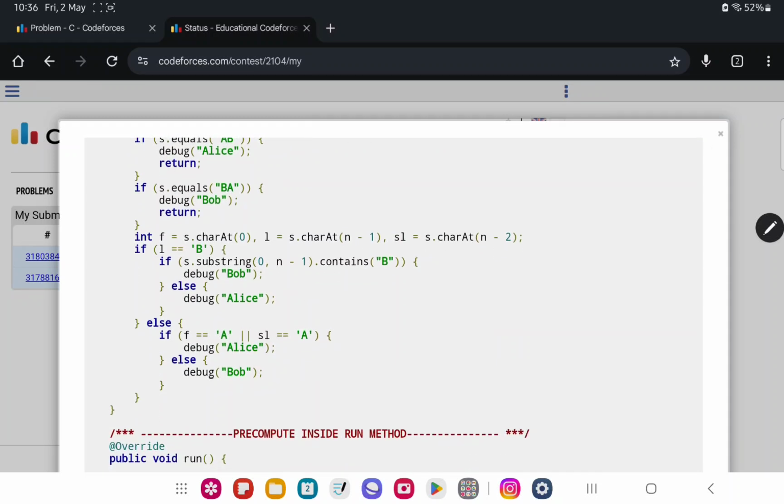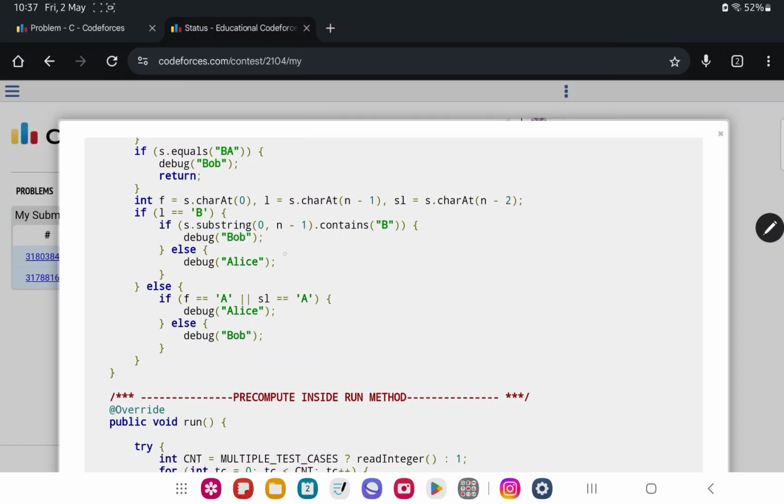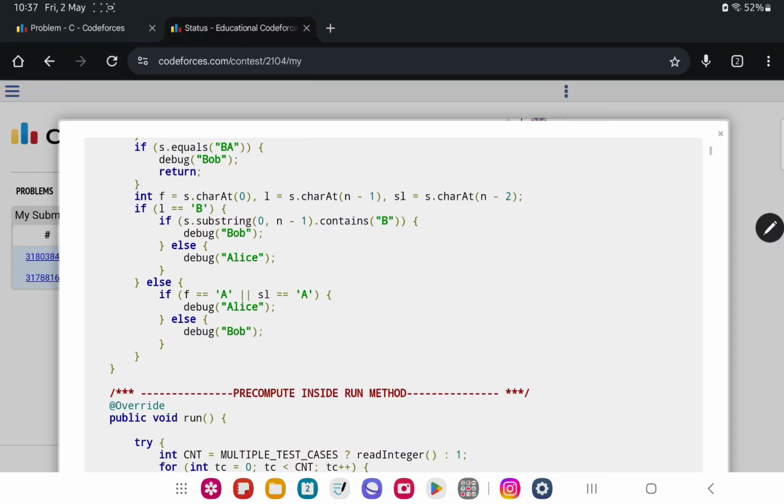Simple enough. We are taking the first card value, the last card, and the second last card value. We are checking if the last card belongs to Bob. Then we want to know if Bob has any other card other than the last card. In that case, Bob will always win. If Bob has only the last card, then Alice will win.